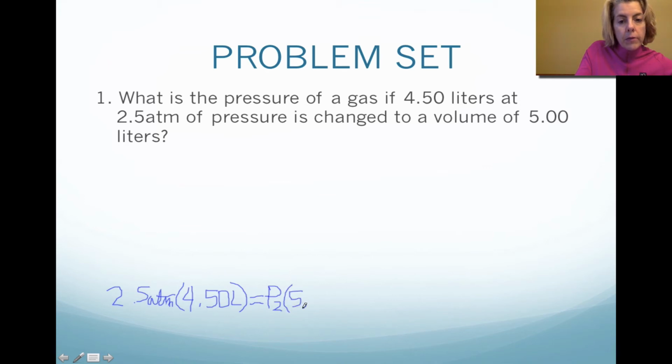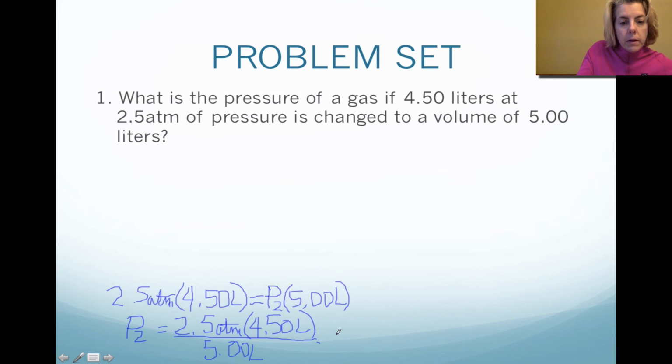So I'm going to rearrange it so that I have P2 by itself on one side. I'm going to take 2.5 ATM and multiply it by 4.5 liters and then divide by 5 liters. When I do that, I come up with some kind of pressure because the liters cancel out. And I got 2.25 atmospheres.